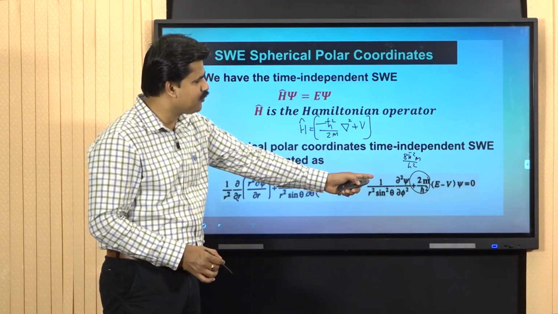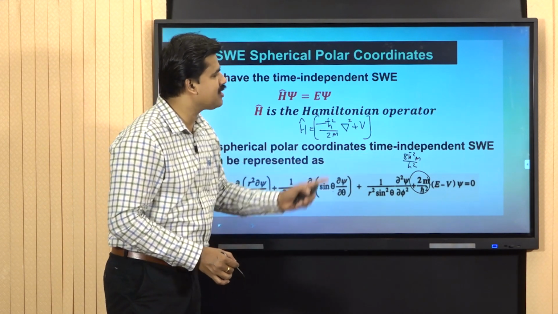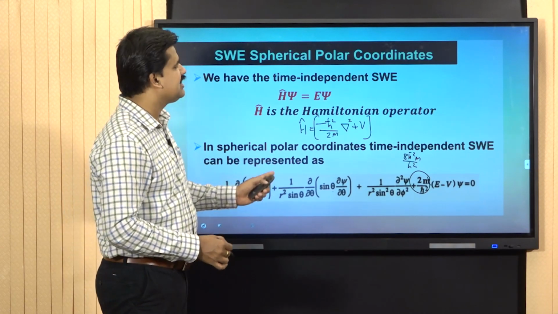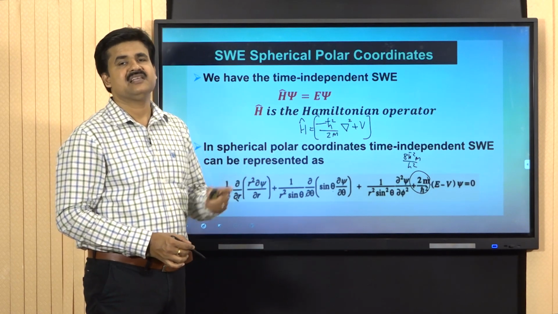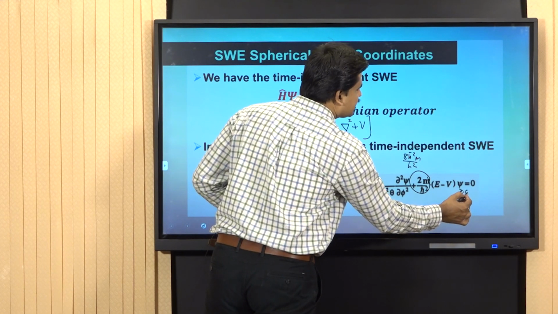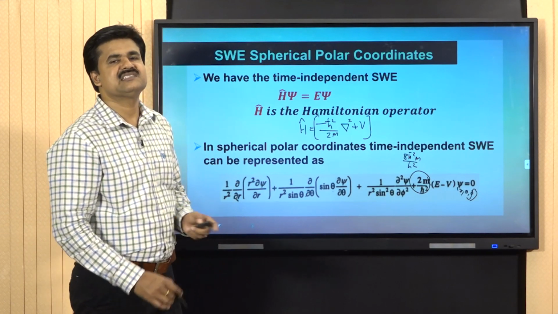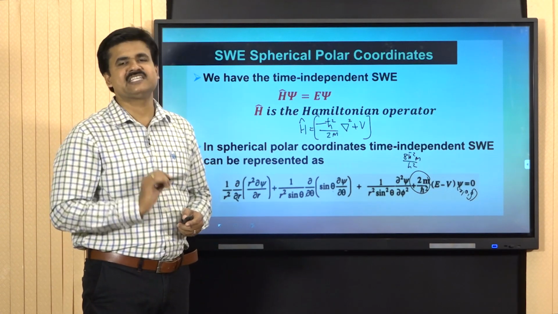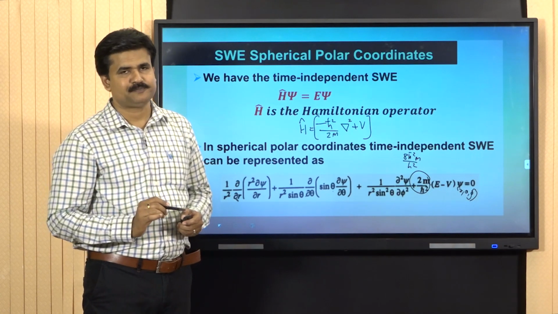So, if I put h cross equal to h by 2 pi, I will get 8 pi square m by h square instead of 2m by h cross square. This is multiplied by E minus V into psi is equal to 0. Here psi depends on three variables, so I can write psi of r, theta and phi. So, this is the time independent Schrodinger wave equation in the spherical polar coordinate system.